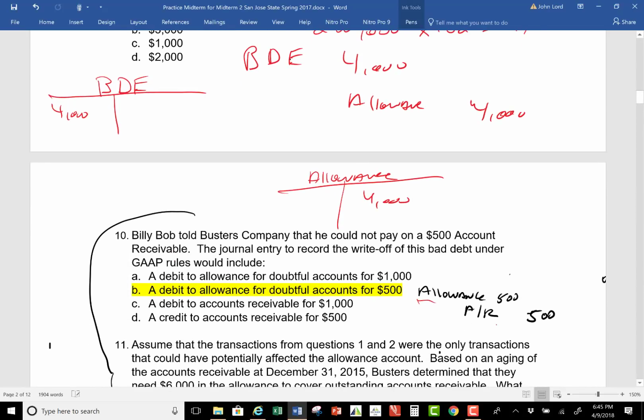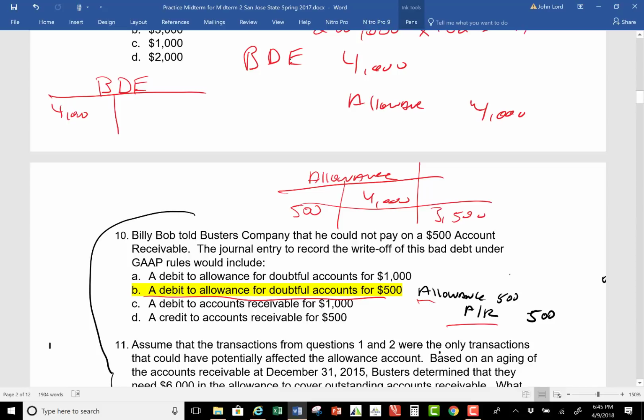Good. Debit the allowance, credit the accounts receivable 500 right there, right? Okay, good. So we would debit the allowance for 500. And when we debit the allowance for 500, now it's got a balance of 3,500 left.